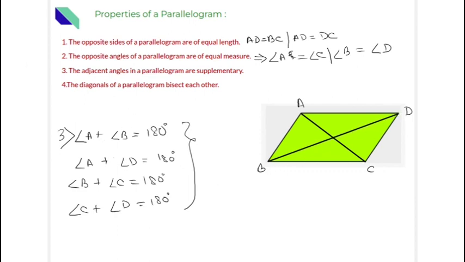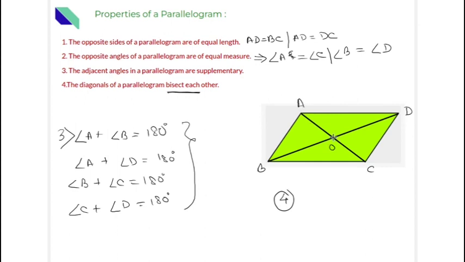According to the fourth property, we name the point of intersection O. The diagonals of the parallelogram bisect each other. Bisect each other means they divide each other into two equal parts.